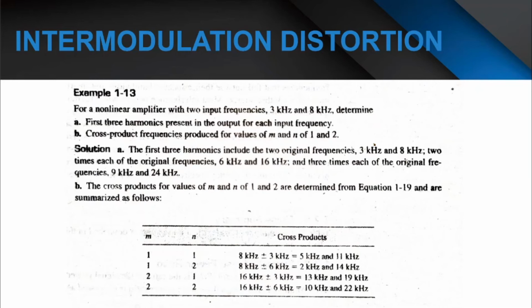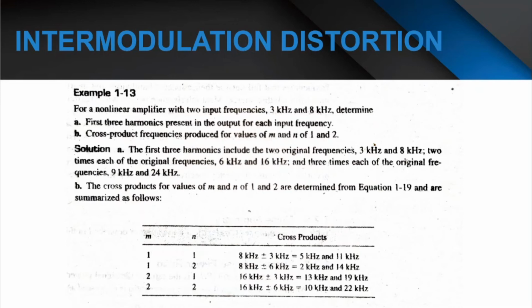So we do the cross product. So if m is 1 and n is 1, we get 1 times 8, so 8, and then 1 times 3, so 8 kHz plus 3 kHz, we get 11 kHz, and 8 kHz minus 3 kHz, we get 5 kHz, so their cross products are 5 kHz and 11 kHz.